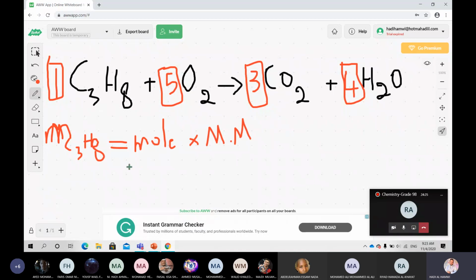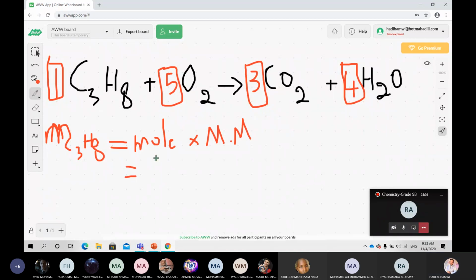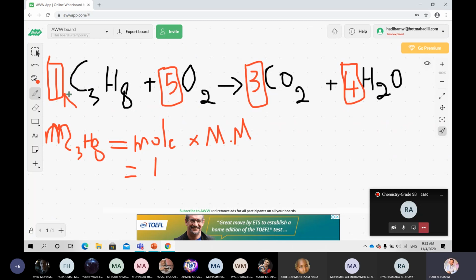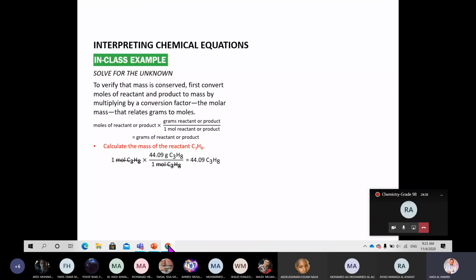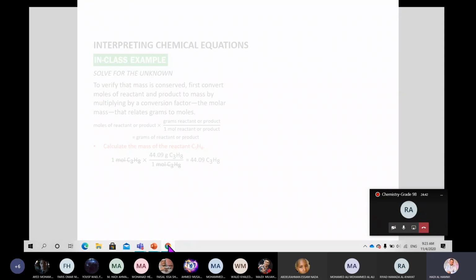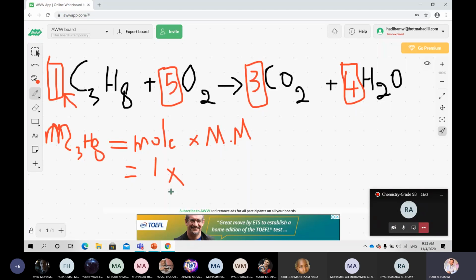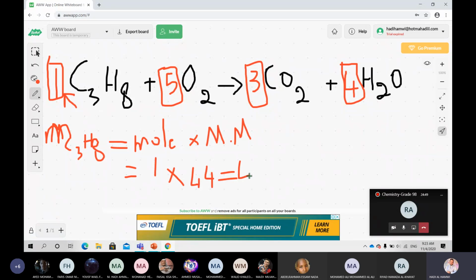The number of moles is 1, from here. And the molar mass, you find it from the periodic table: 3 times 12 plus 8 times 1, so it will be 44. So 1 multiplied by 44, the answer is 44. So this is the mass of C3H8.